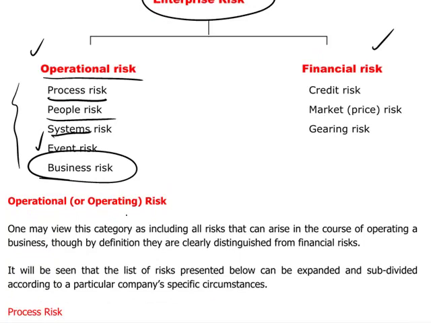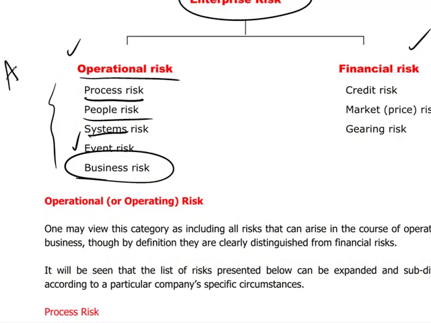So one can see this as a kind of catch-all category, and operational risk is traditionally connected to the operation of the assets of a company, or we could think of this as being oriented towards the asset side of the balance sheet.